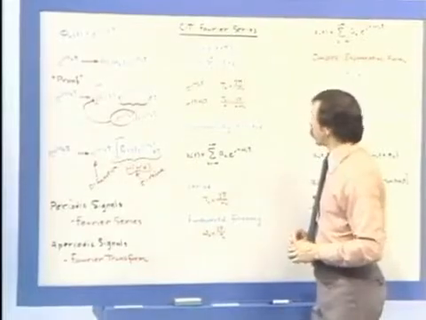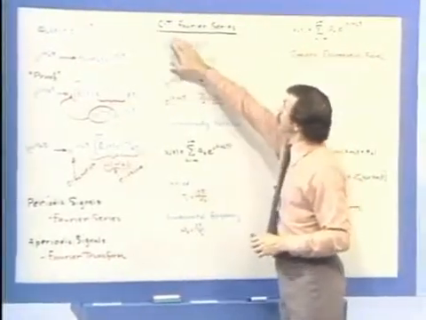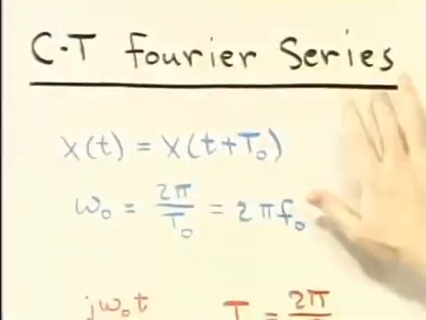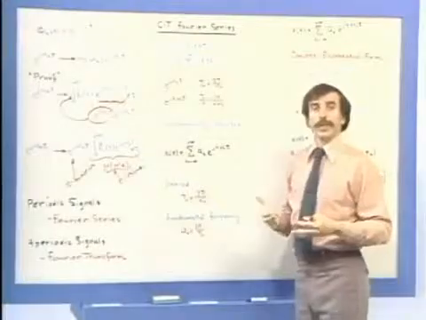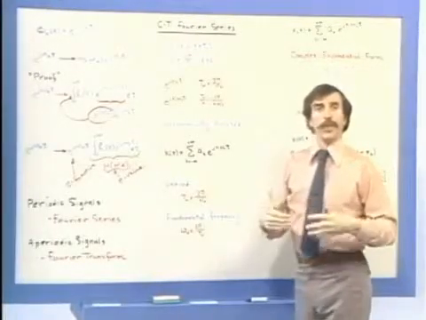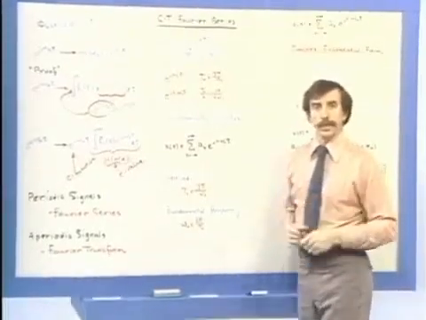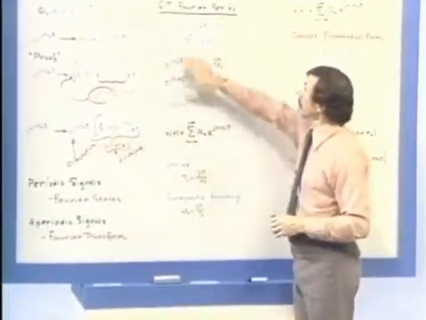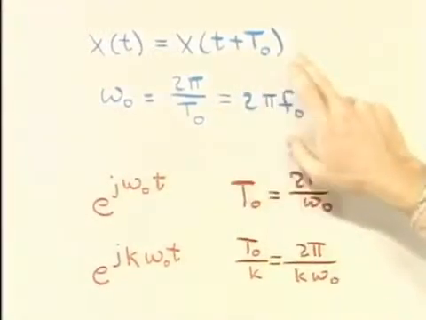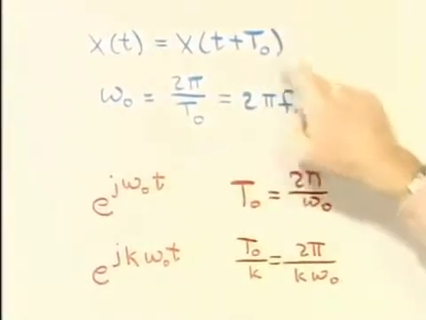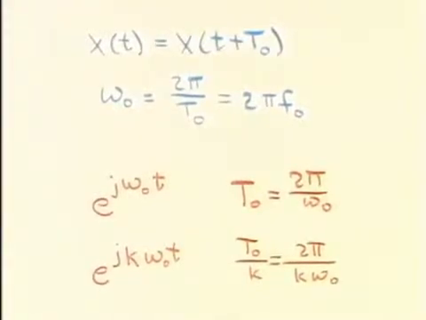Okay, so what we're talking about then is the continuous time Fourier series, and the Fourier series is a representation for periodic continuous time signals. We have a signal then which is periodic, and we're choosing T0 to denote the period.